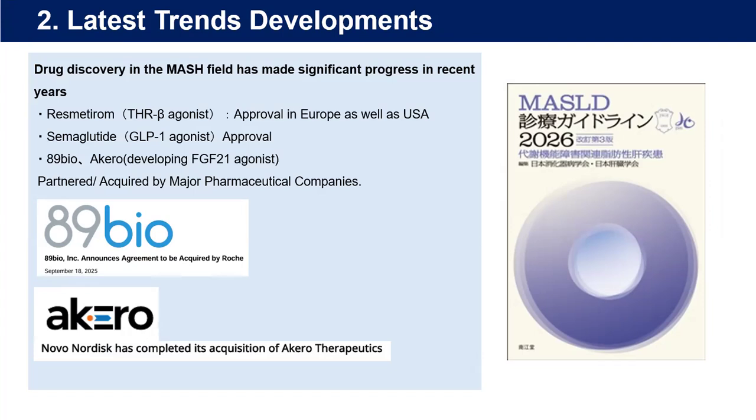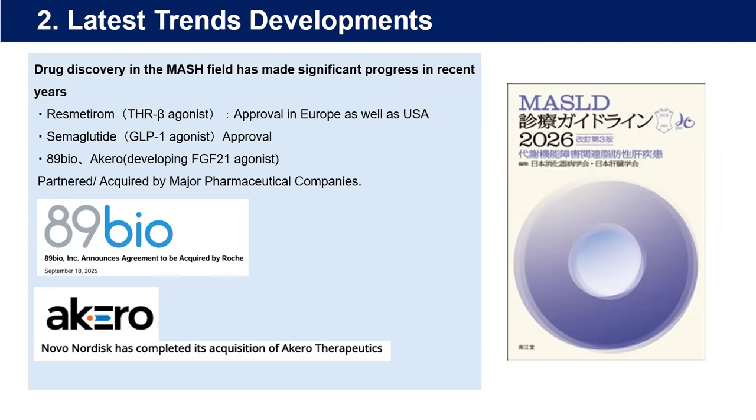There are also significant developments from a business perspective. M&A activity is also intensifying, with companies developing FGF21 agonists forming partnerships with major pharmaceutical firms, or being acquired by them. To summarize, drug development is accelerating due to the success of these agents.